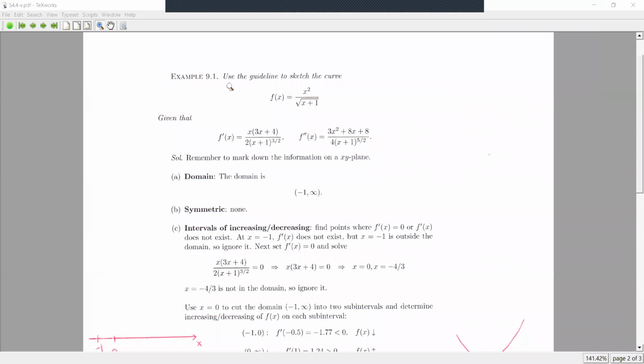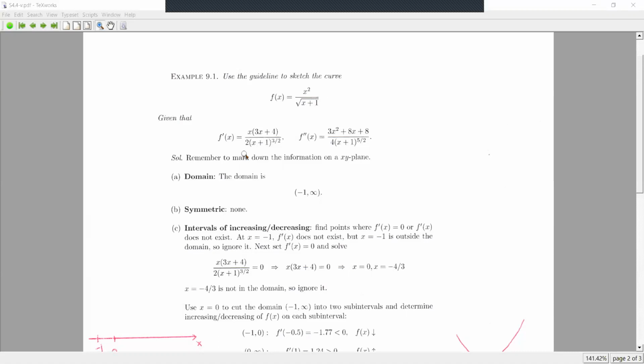Example, use the guideline to sketch the graph of this function. This function is complicated. To compute its derivatives, you need to apply the quotient rule. Then when you compute the derivative of square root of x plus 1, you need to apply the chain rule.